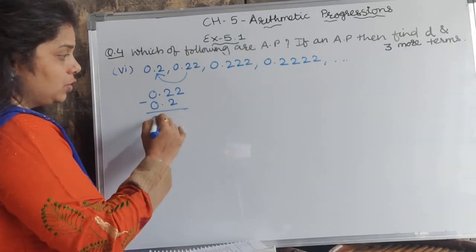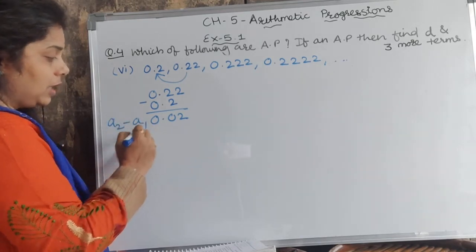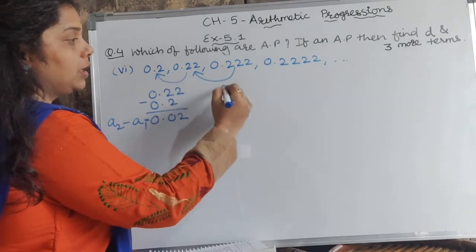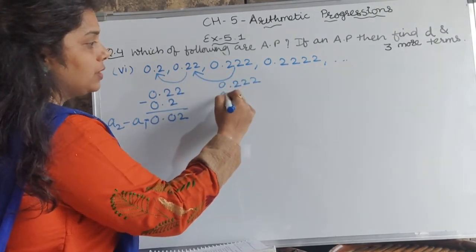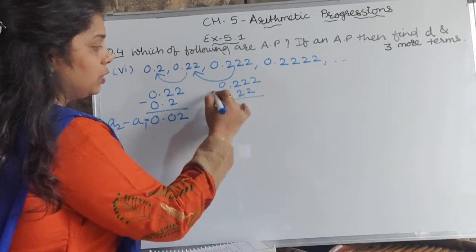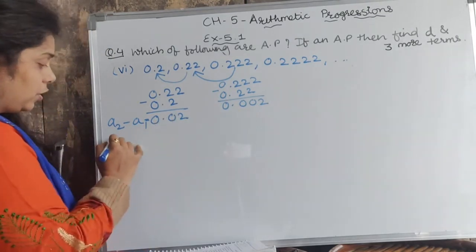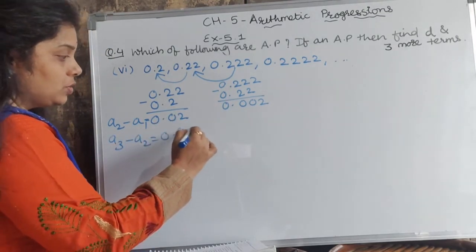So here 0.02 is the difference for A2 minus A1. Similarly, A3 minus A2: 0.222 and 0.22. If we subtract, then 0.002. So for A3 minus A2, it is 0.002.